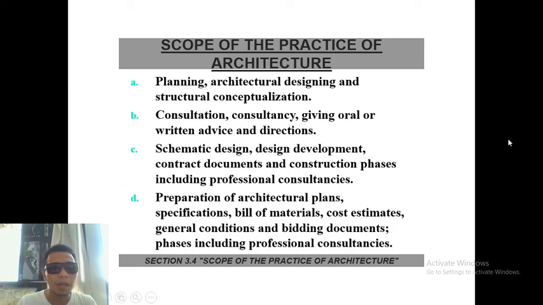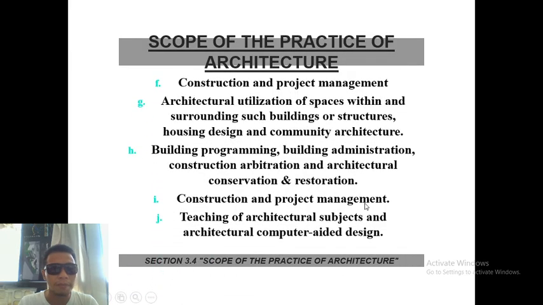Also, under this is the planning, architectural designing and structural conceptualization, consultation, consultancy giving, oral or written advice and direction, schematic design, design development, contract documents and construction phases including professional consultancies, preparation of architectural plans, specification, bill of materials, estimates, general conditioning, bidding, and so on and so forth.